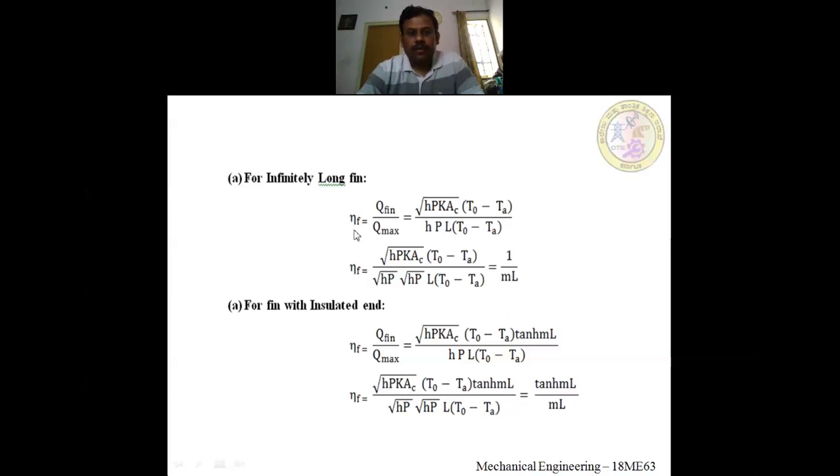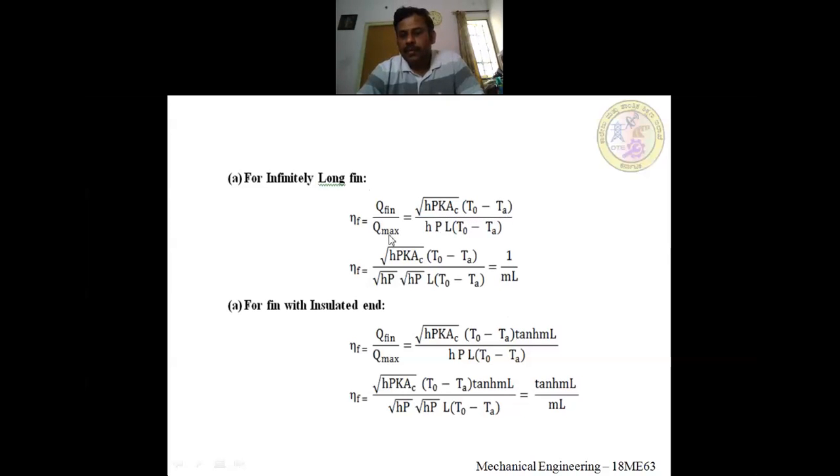You know that efficiency of the fin is given by actual heat transfer divided by maximum possible heat transfer. The actual heat transfer with fin for an infinitely long fin, already you know the equation, is given by square root of h P k A_c times theta naught. Theta naught is nothing but T naught minus T infinity, right?